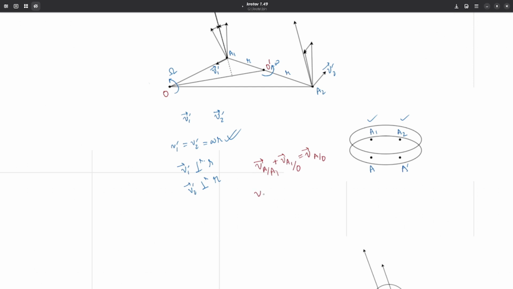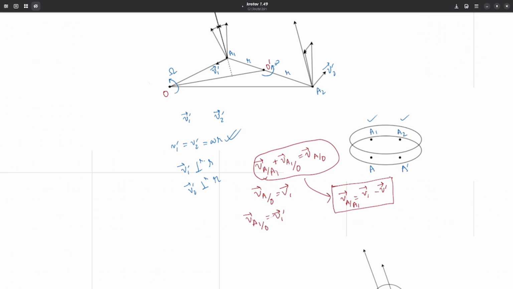We know VA with respect to O is V1 and VA1 with respect to O is V1 prime. So from this equation, VA with respect to A1 is equal to V1 minus V1 prime. Similarly, for a point A prime on the larger disk, we get velocity of A prime with respect to A2 is equal to V2 minus V2 prime.